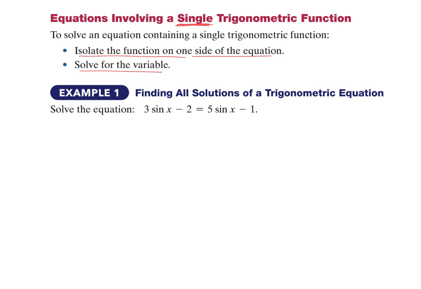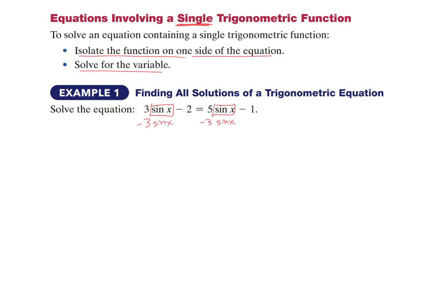So solve the equation: 3 times the sine of x minus 2 equals 5 sine of x minus 1. When I first start this, I treat this whole sine of x as my variable. So I'm going to keep this sine of x together, but treat it like I would any other variable.